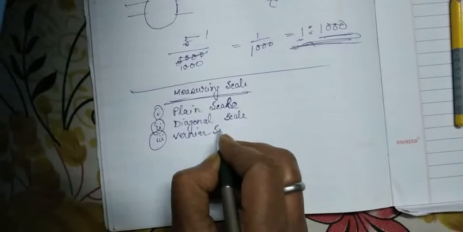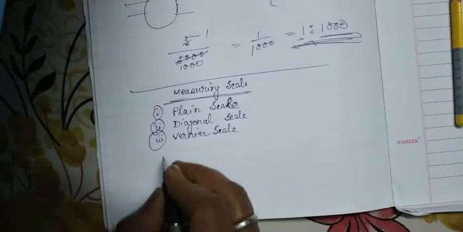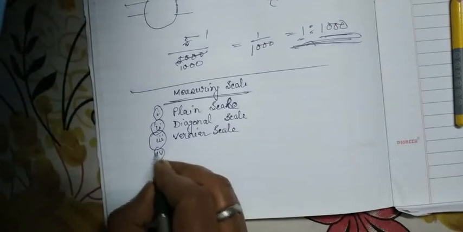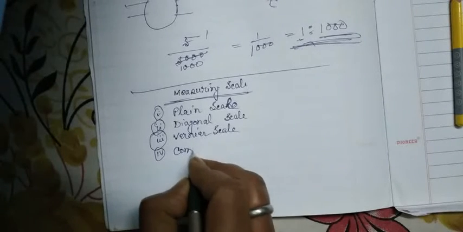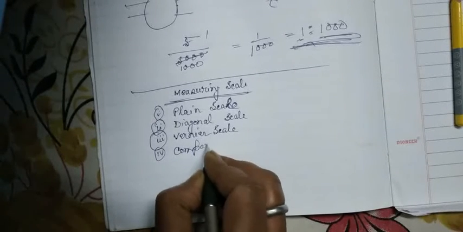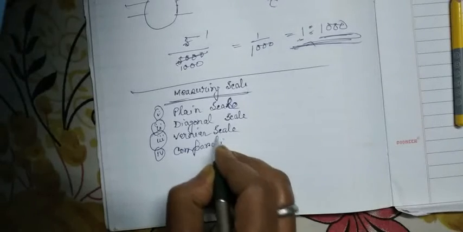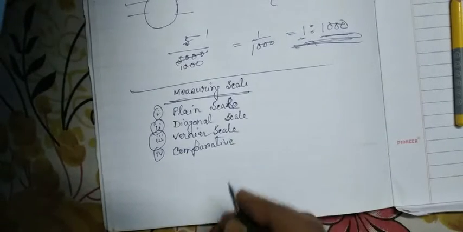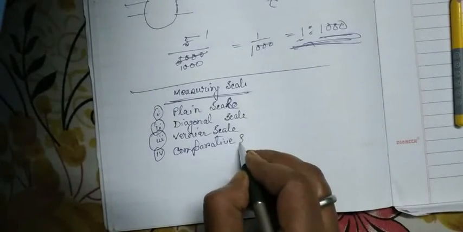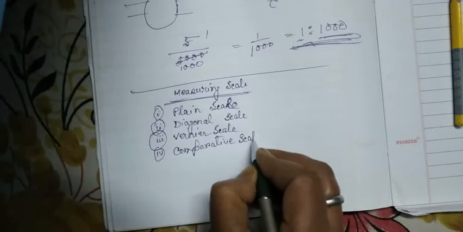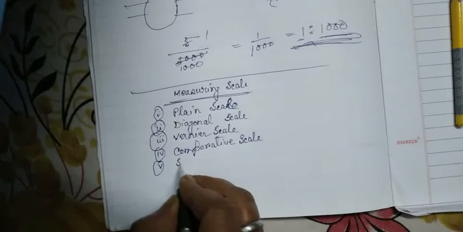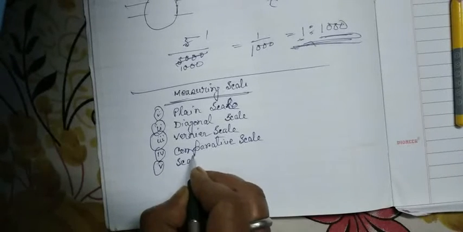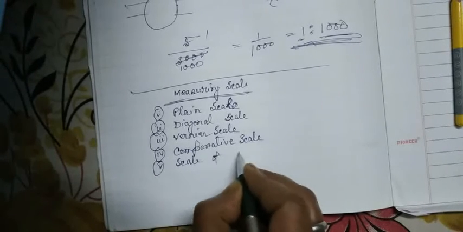Number four is comparative scale. And number five is scale of chords.